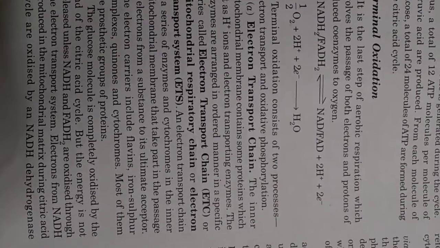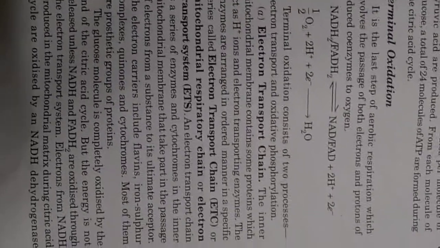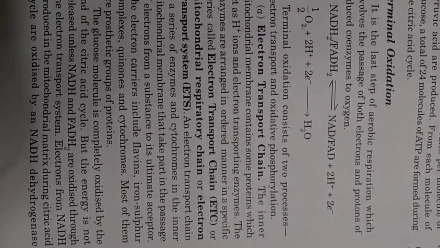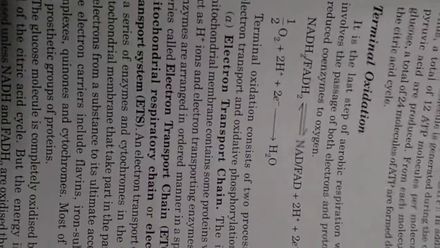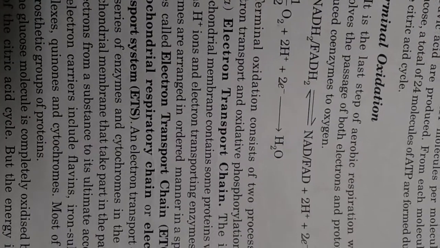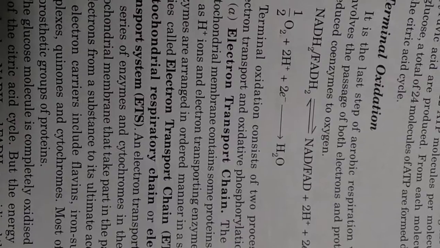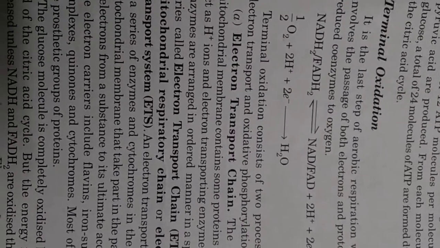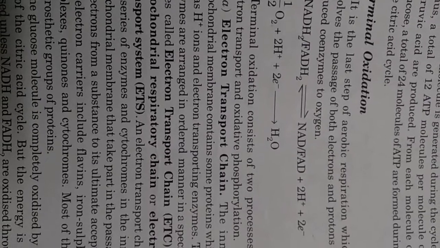NADH2 and FADH2 are oxidized to produce NAD plus and FAD, and this process is known as oxidative phosphorylation. As you all know, phosphorylation is the process of formation of ATP. Here also ATP is produced, when NADH2 and FADH2 are oxidized.